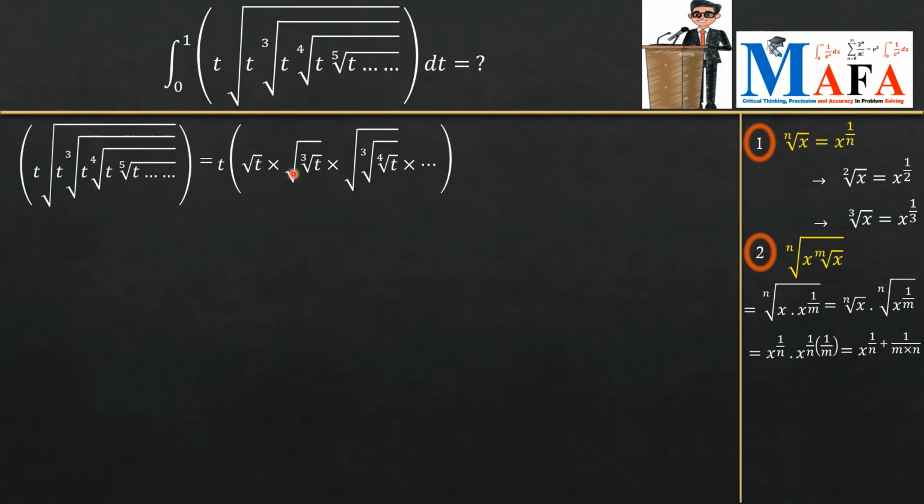Taking the first t here that is inside the square root, we just have the square root of t. Now if we take this next t, which is inside the cube root, we are going to have the square root of that cube root, and so on and so forth.